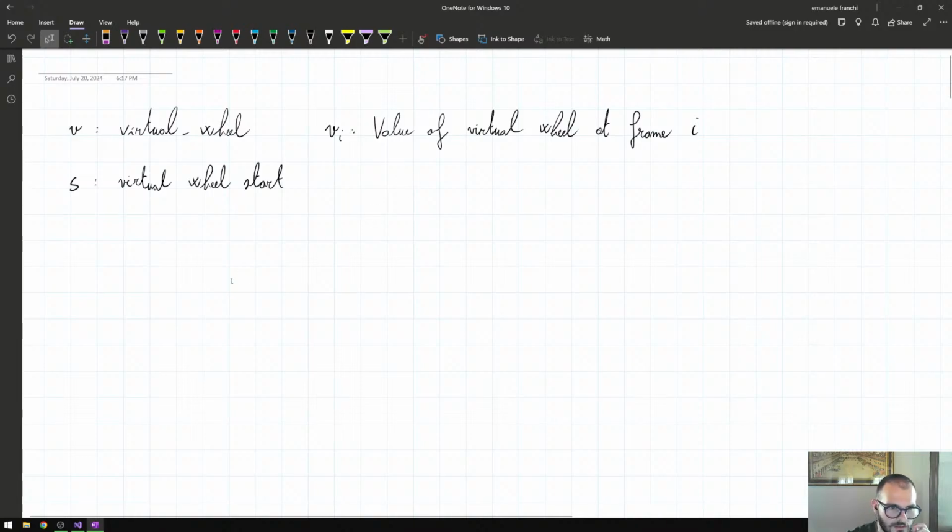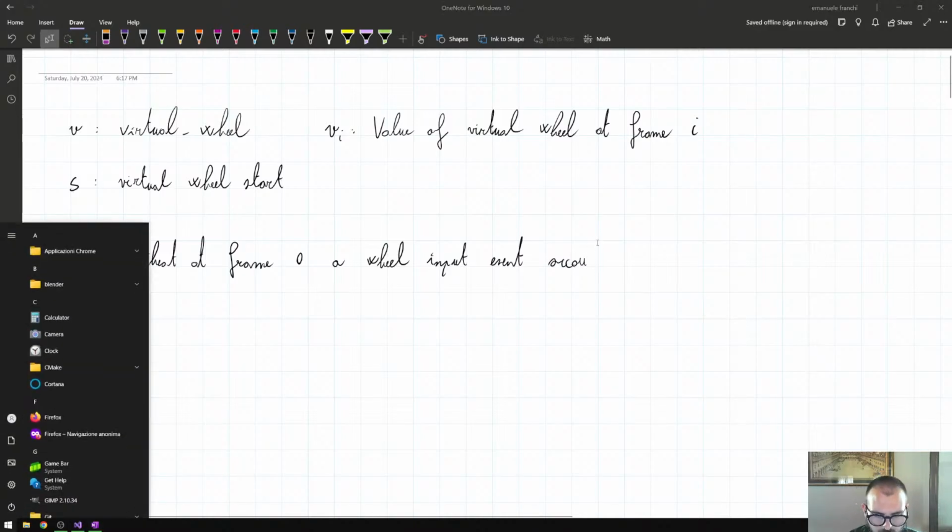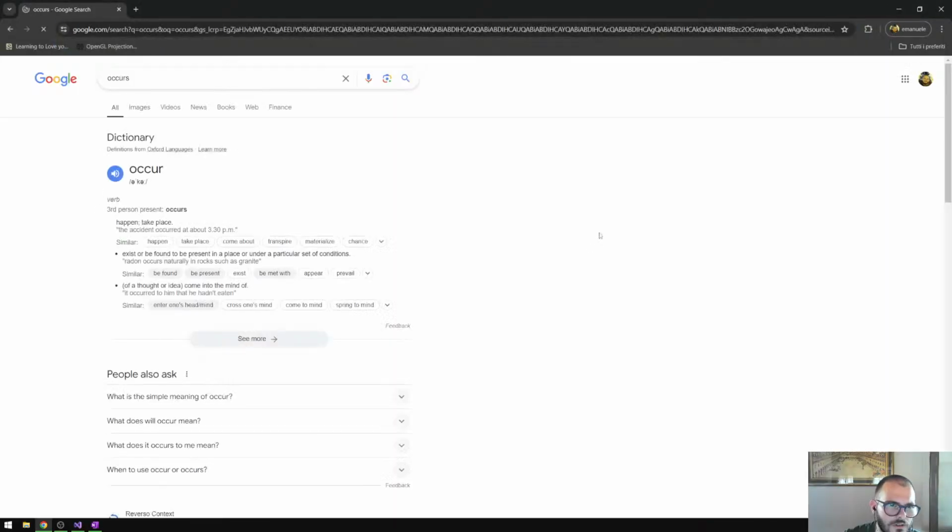And what happens is that, suppose that at frame 0 a wheel input event occurs. I always forget. Occurs.